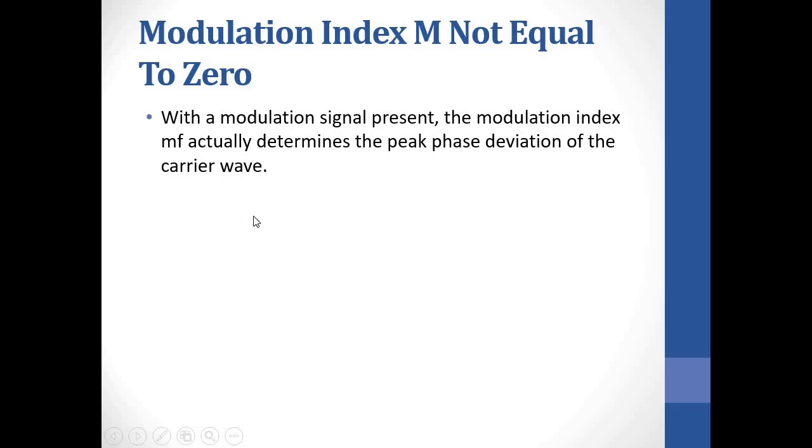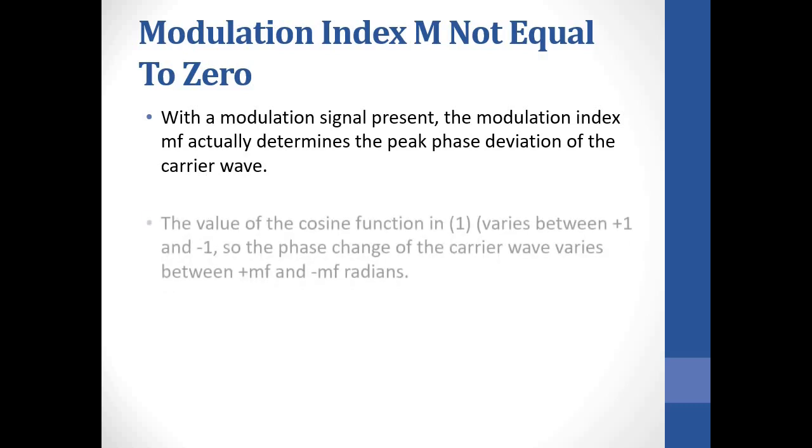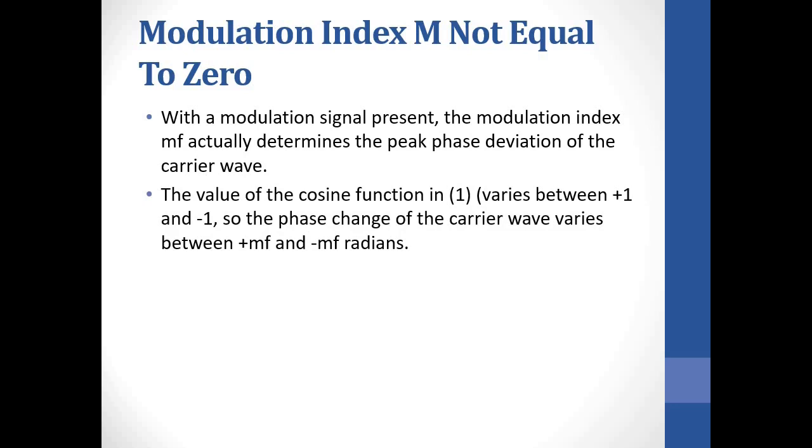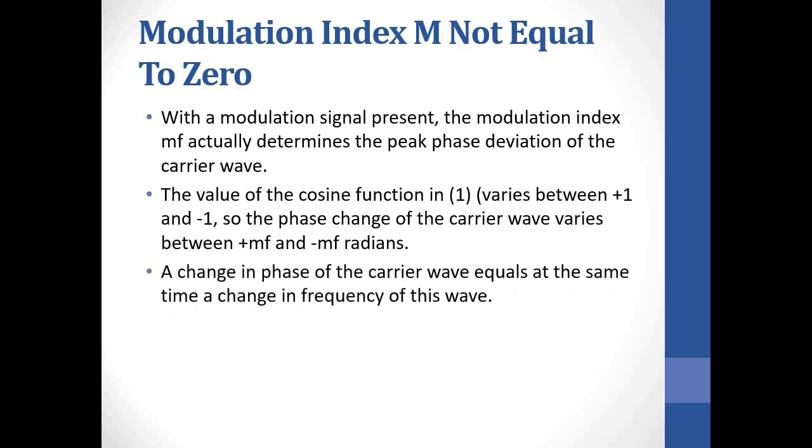The moment we have a modulating signal, there is bound to be deviation, and that deviation also causes phase deviation, or phase changes, of that signal. A change in phase of the carrier wave equals at the same time a change in frequency of this wave. So whenever the frequency changes, the phase is also changing.